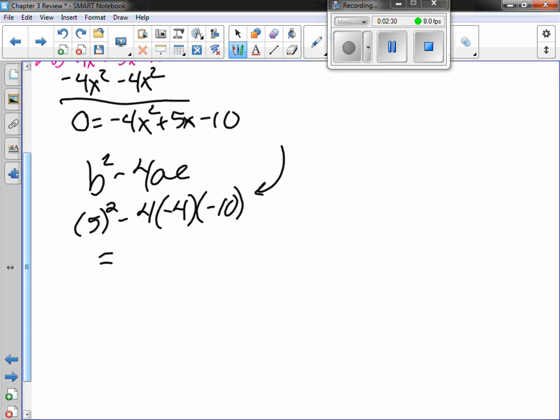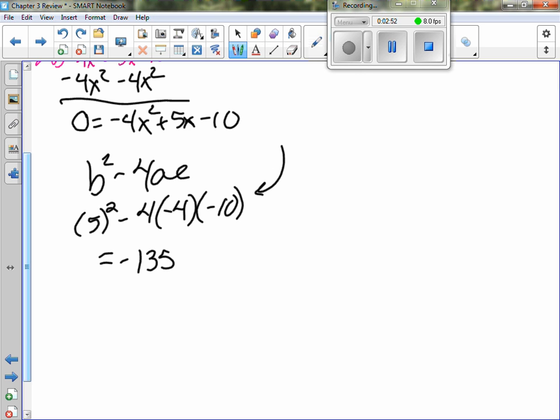Because 5 squared would be 25 minus 160, I think it should be negative 135. Yes, we agree? So it's negative 135. So the value of b squared minus 4ac is negative 135.